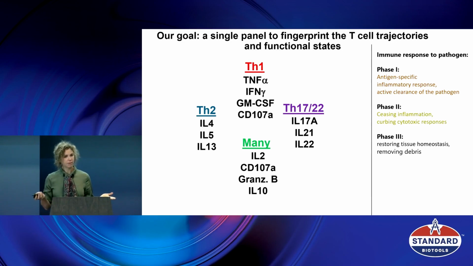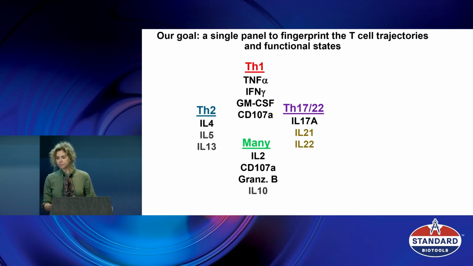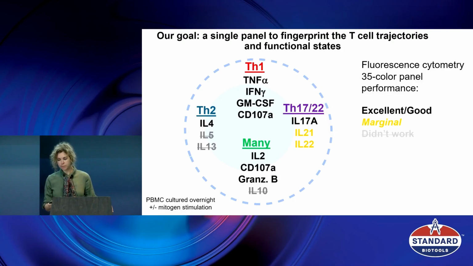Why would this be difficult, right? The result was that certain cytokines worked beautifully, but some did not, okay? And trust me, we know how to troubleshoot flow cytometry panels. I have a reputation for knowing how to do that, and there's a big community that can help me, so I was like, okay, we're going to spend some time and figure it out.